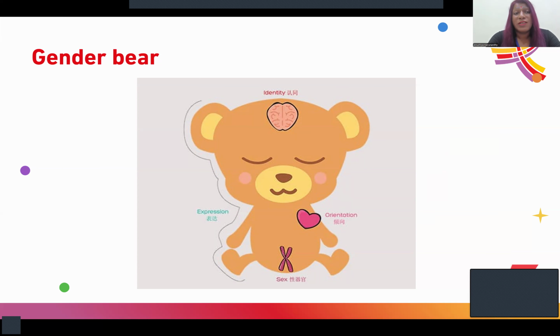I express myself in a more feminine way. For instance, I grow and color my long hair, wear women's clothes, paint my nails, and wear jewelry. My romantic feelings are only towards men, so I consider myself to be heterosexual in terms of orientation.